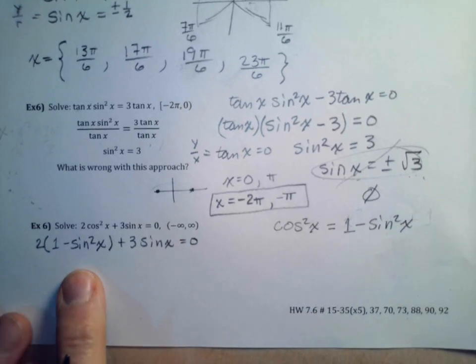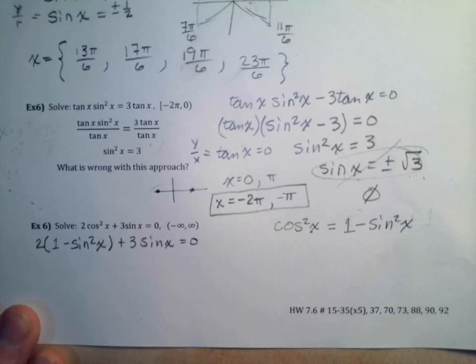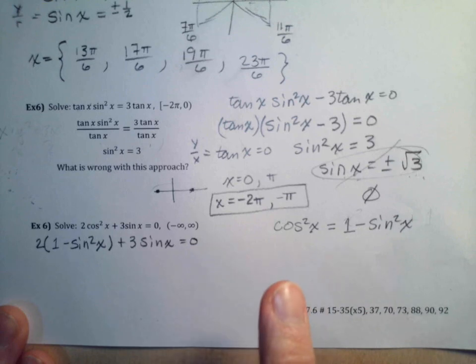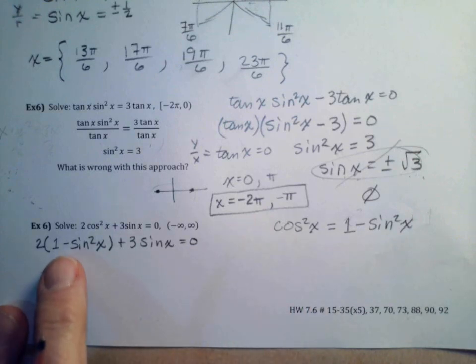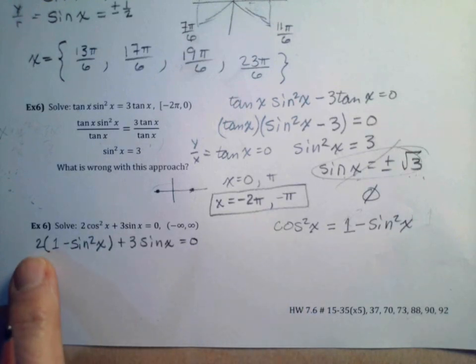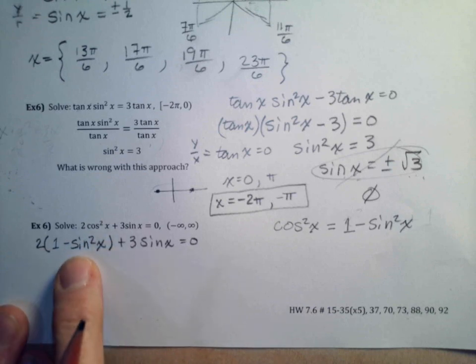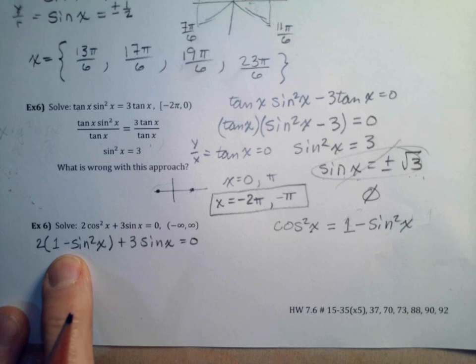Now let's distribute. And then also I think what I'm going to do is multiply through by a -1 because I want to get rid of that. You can see it's going to be -2 sine squared x. I'm going to factor, and factoring is easier if the leading coefficient is not negative.